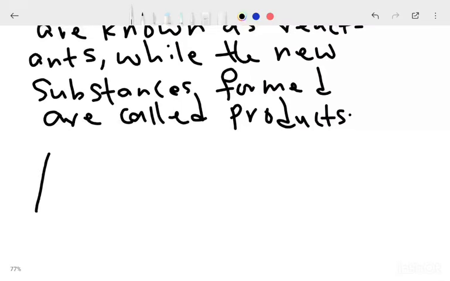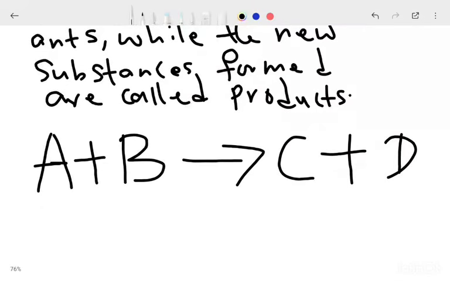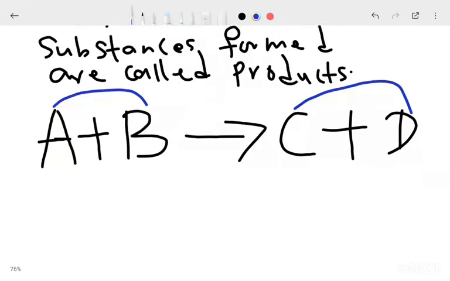Let's say A is reacting with B. It will form C and D. Meaning that before C and D can be formed, there must be a reaction of A and B. So the ones that are reacting, they are starting the reaction. They are on the left side. They are called the reactants.